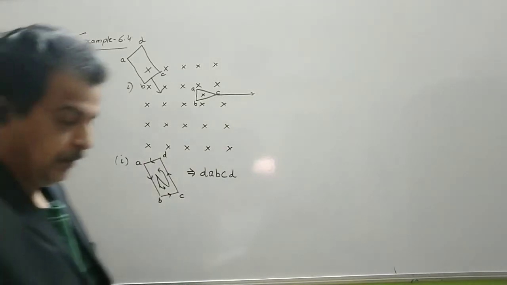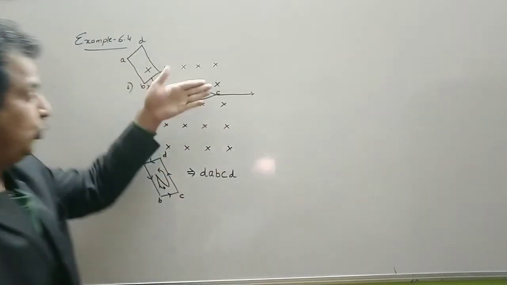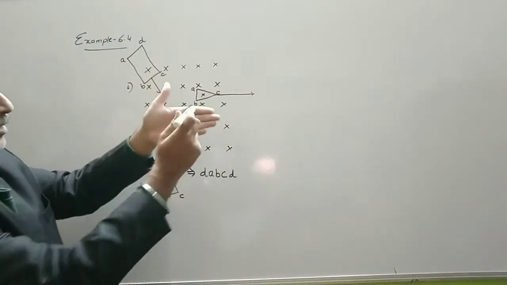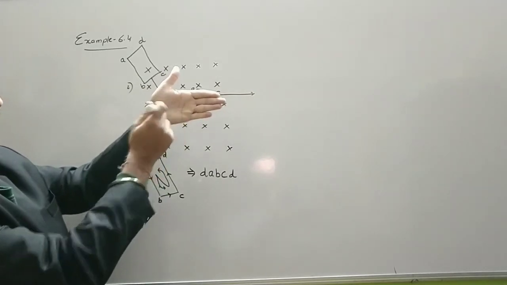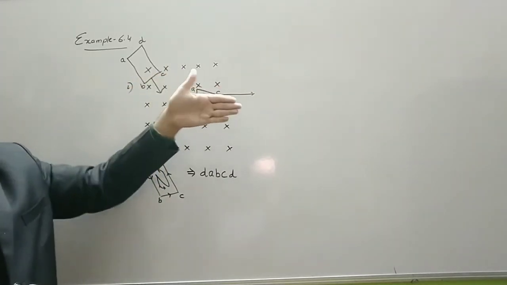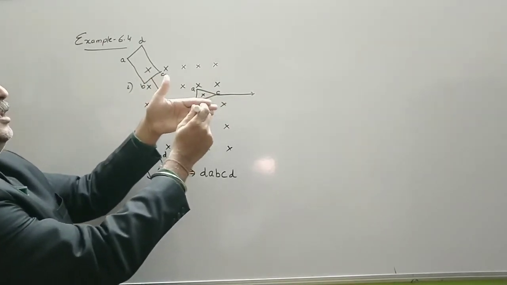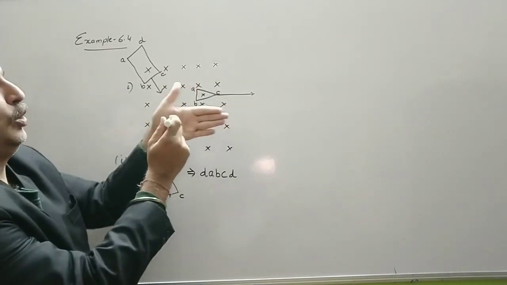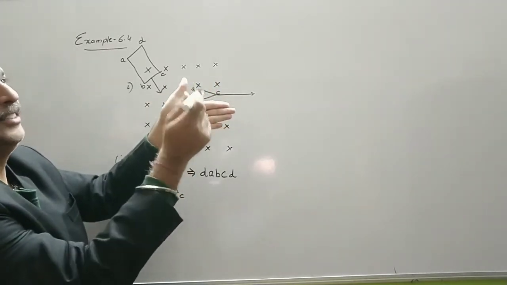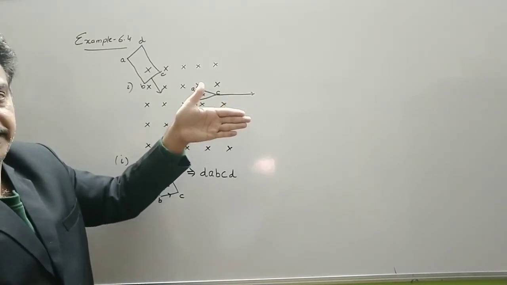Already the field lines are passing through it. Now when it comes out, suppose this field line is passing through it. When it is going out, the number of field lines is decreasing.